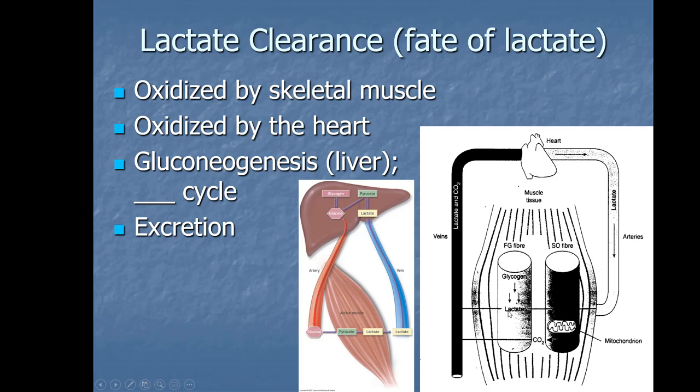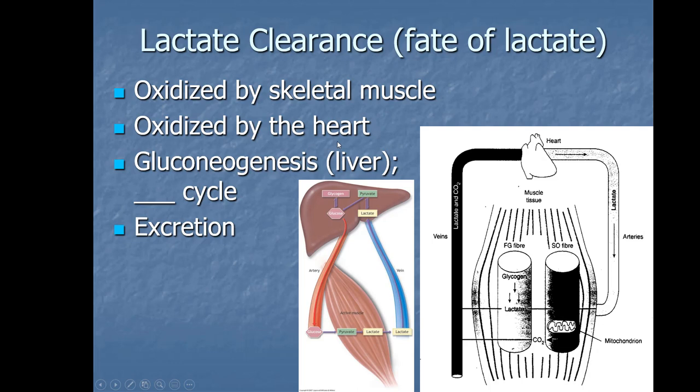Lactate's being produced, gets into the blood, goes into the circulation, and then slow twitch fibers actually have a really great ability to oxidize it. They can convert it back to pyruvate and then use it for energy transfer. So that's what I mean by oxidized. Lactate can be oxidized by skeletal muscle, so it actually is a useful fuel source for skeletal muscle fibers.